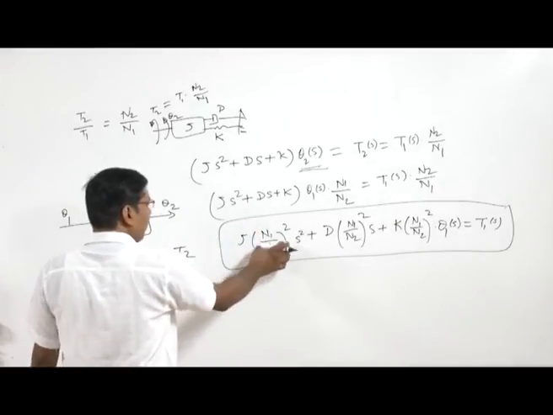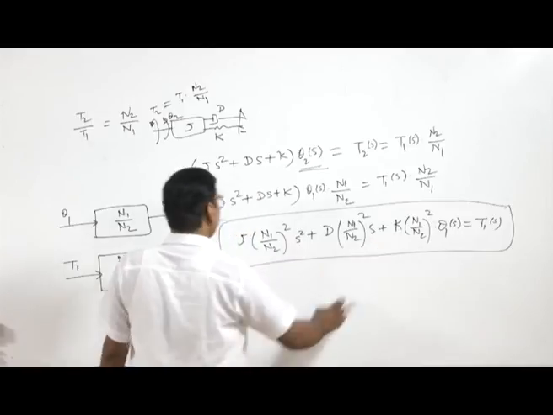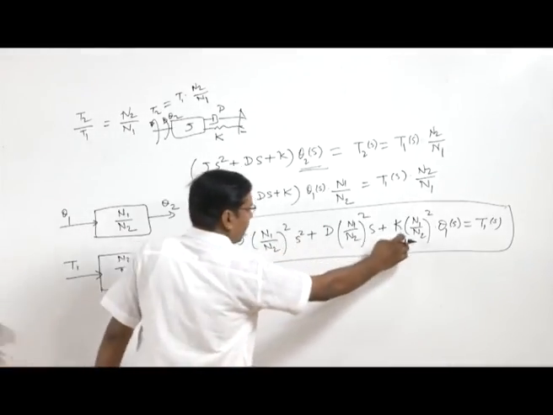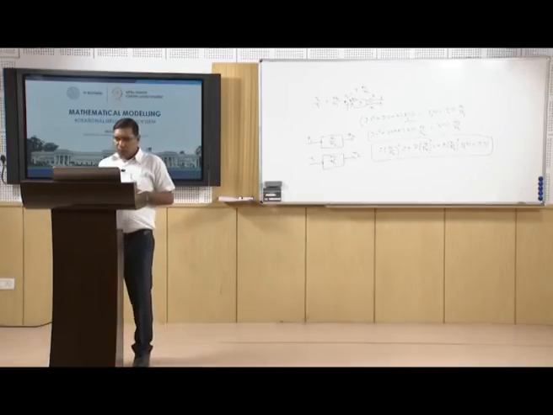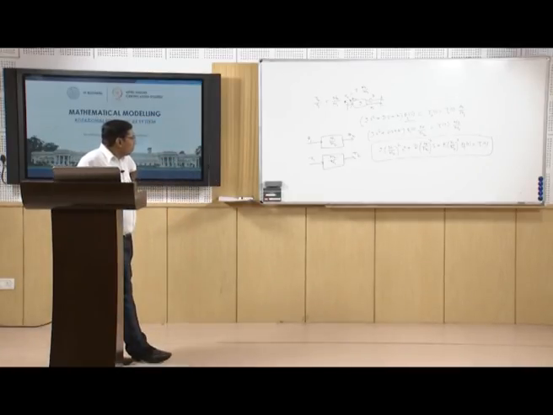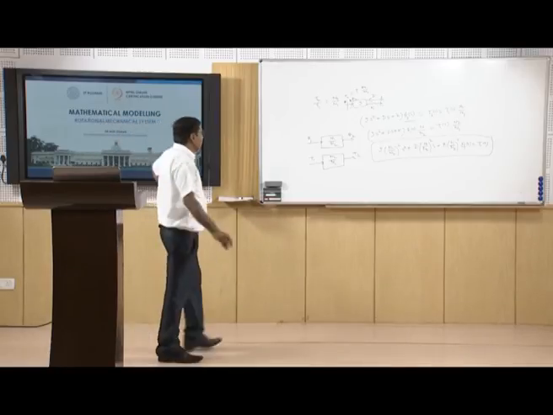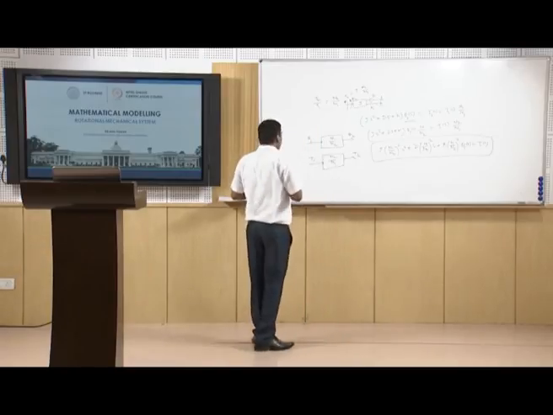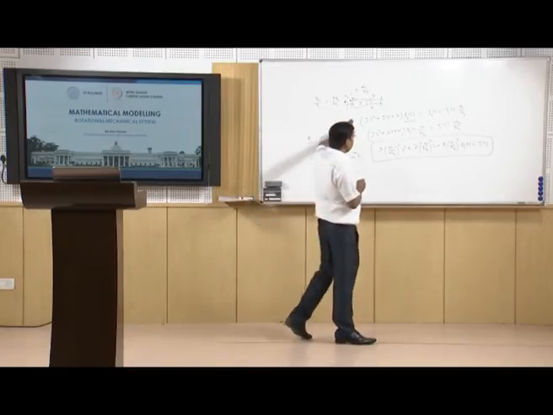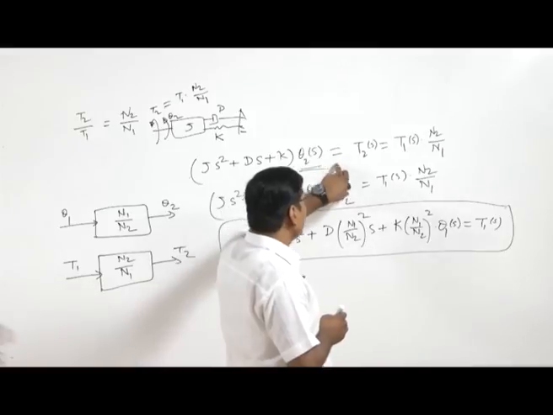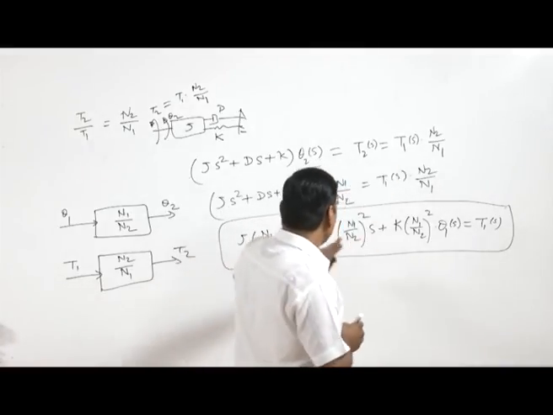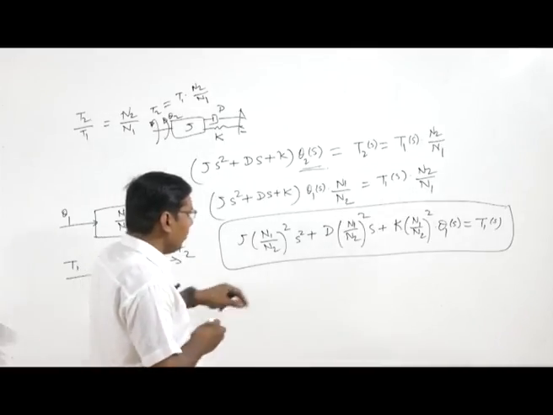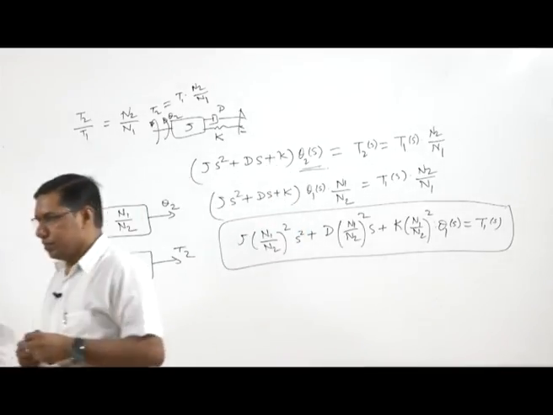So we see that N1 by N2 square is multiplied with these impedances Js square, Ds and K. So we can shift the impedance of the gear train to find the transfer function, whether we are interested in theta 2 s by T1 s or theta 1 s by T1 s.